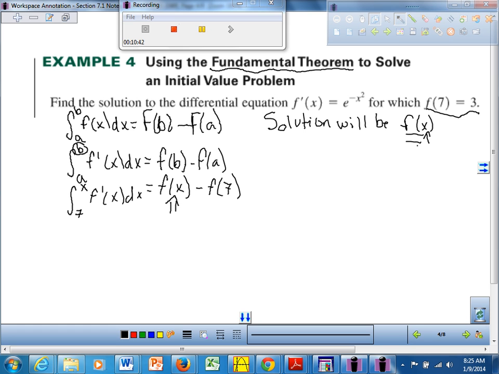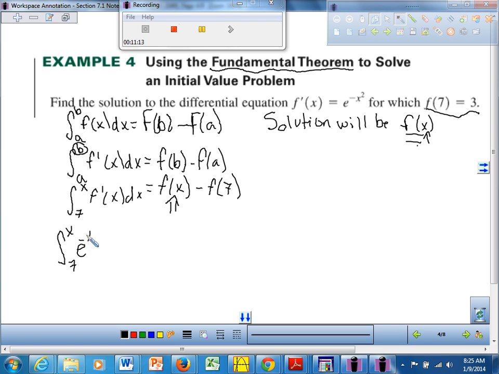Now, we do not know how to take the antiderivative of this yet. So our answer will have an integral statement in it. So how do I get f of x by itself? I add f of 7. So my solution is going to be, and I'll plug in what we know, the integral from 7 to x. What is f prime of x?